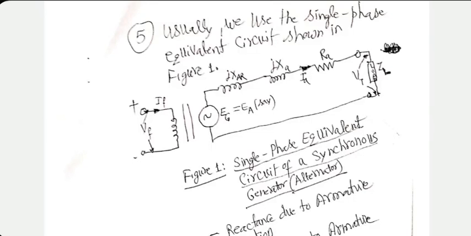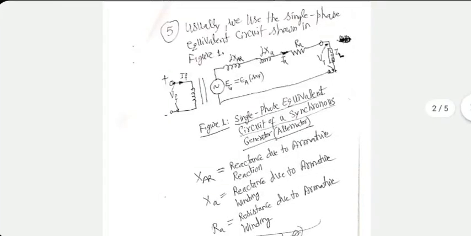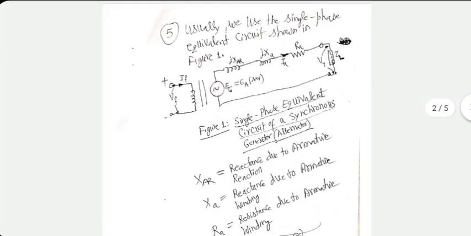So this is the equivalent circuit we will use for approximately capturing the reality in a three-phase AC generator. XAR is the reactance due to armature reaction, will be given to you. XA is the reactance due to the armature winding. You may be given inductance, so you will have to do 2 pi FL calculation to get this value.